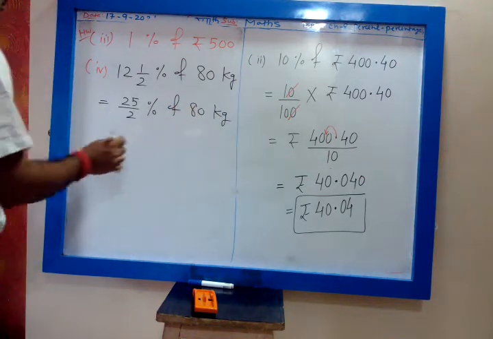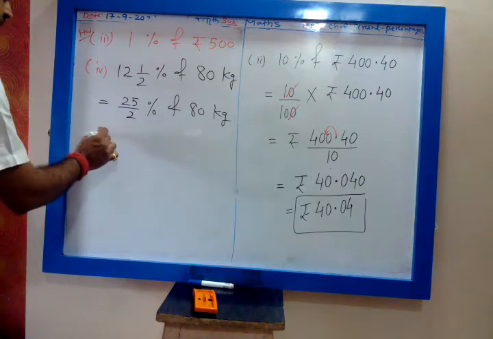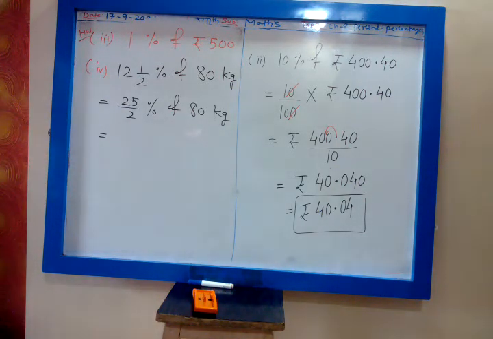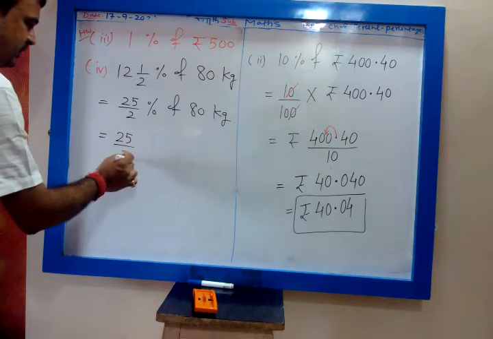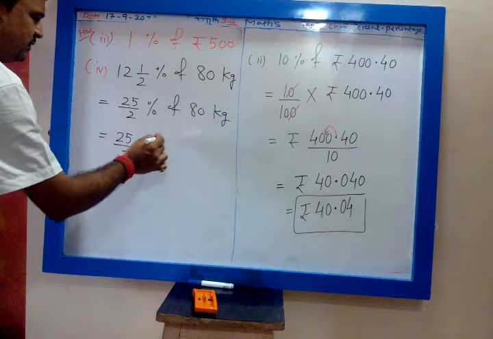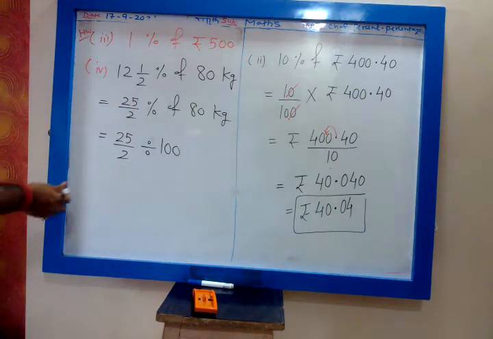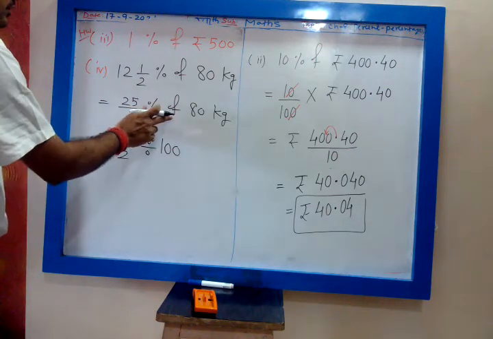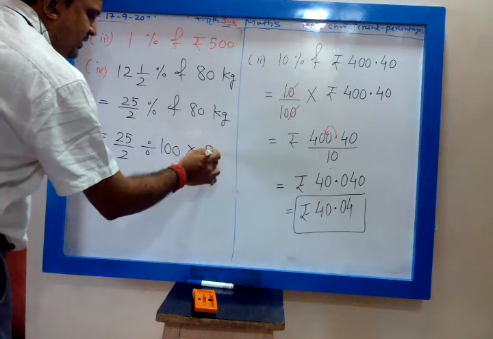Go step by step. What do you mean by x%? X upon 100, or you can say x divided by 100. So 25 by 2 I can write as 25 by 2 divided by 100. Yes or no? Upon 100 is the same as divide by 100. Of means multiplication, 80 kg.